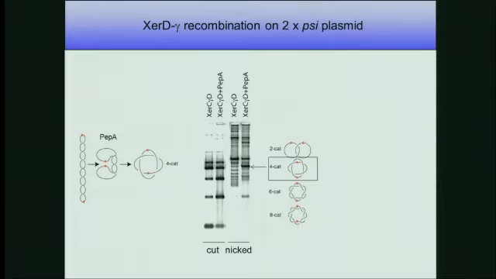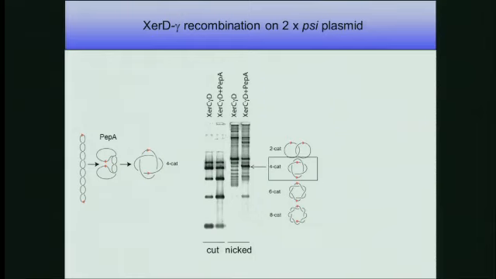The outcome is that, again, these hyperactive mutants will recombine that to give you a whole load of different catenated products. But if you add PEP-A back to that reaction to give you this interwrapping, then it gives you a 4-noded catenane again, or at least massive enrichment for the 4-noded catenane. So these hyperactive mutants are responding to the external topology of the DNA just like the normal proteins would.